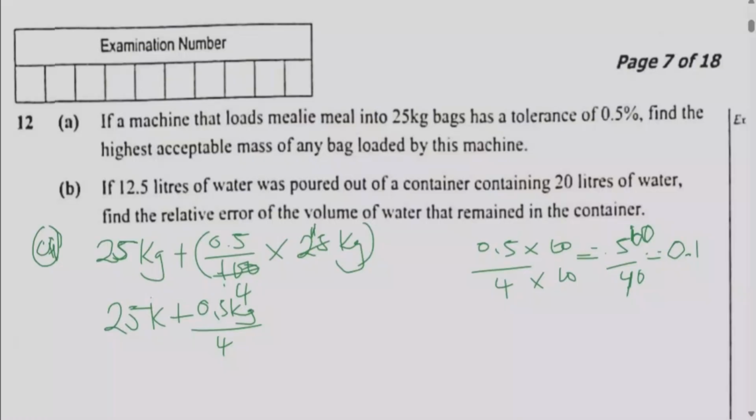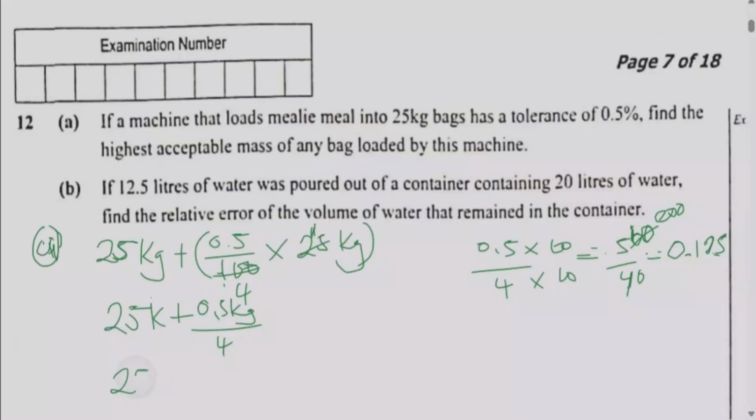Then we say 40 into 100 goes 2 times, remainder 20. 40 into 20, it can't, so we put 0 to 20, it becomes 200. 40 into 200 goes 5 times. Now 0.125 is the tolerance, so that means we're going to have 25.